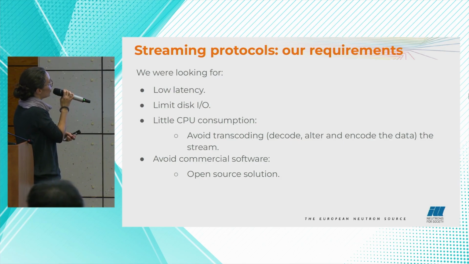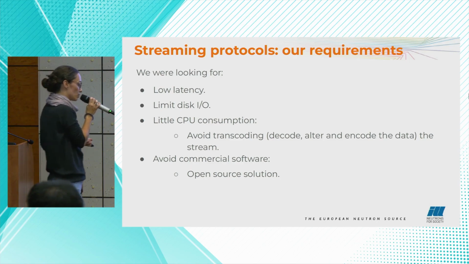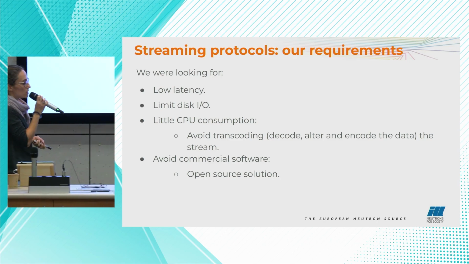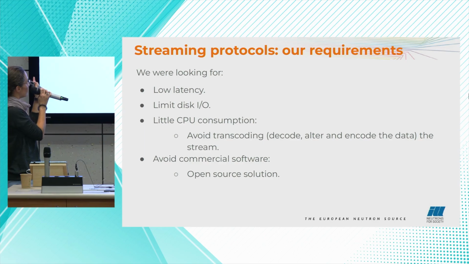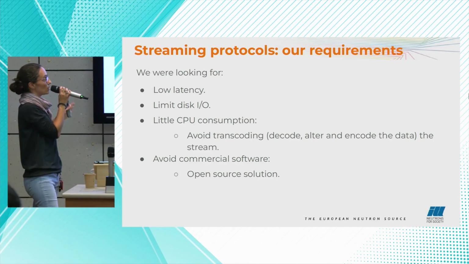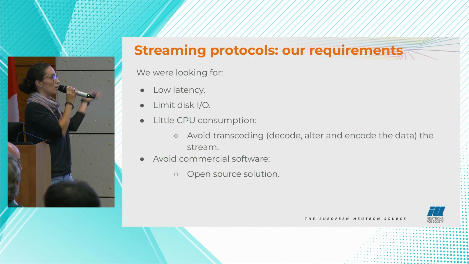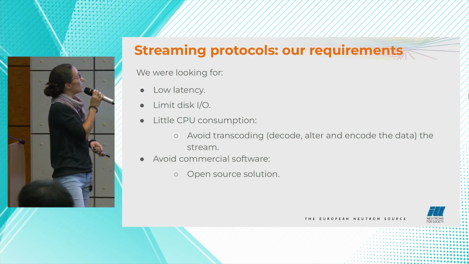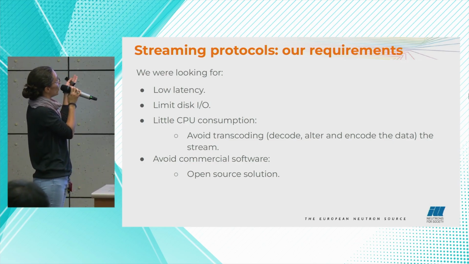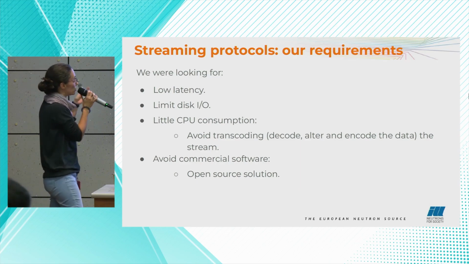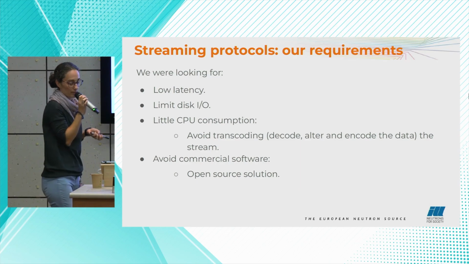We also want something that does not consume a lot of CPU, which in the streaming world basically implies avoiding transcoding the data. Transcoding means decoding, altering, and encoding the data back. And finally, we want to keep an open source mindset, so we will try to avoid using any commercial software.